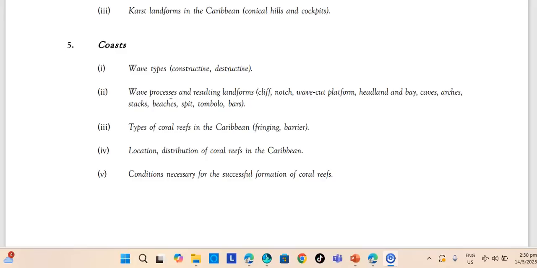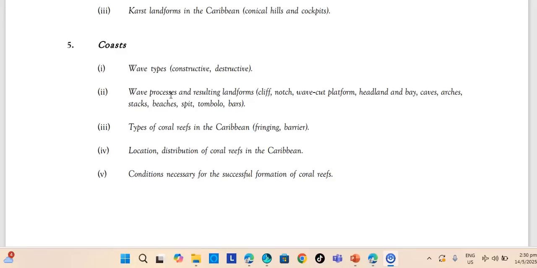Now, what are the different landforms that are formed from the wave processes? All right, so the first wave process is erosion. As we said, erosional landforms are made by destructive waves.